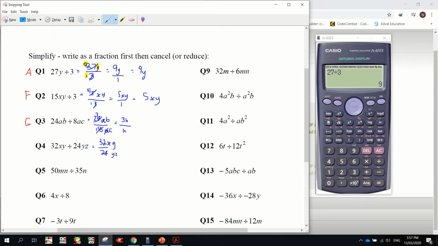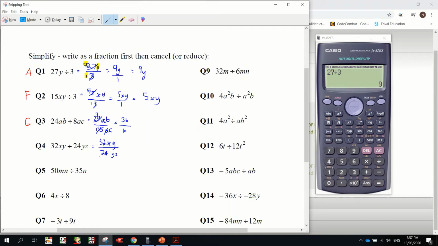Okay. Numbers seem to be getting a little bit trickier. Highest common factor, I think, since knowing my timetables, it may be 8.